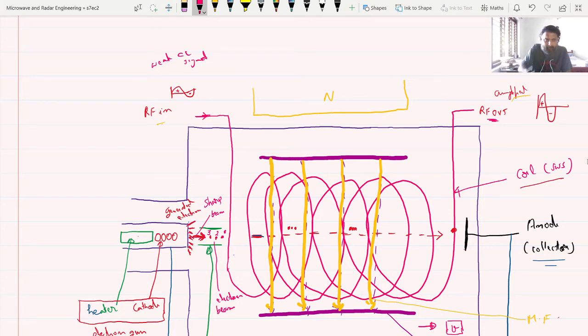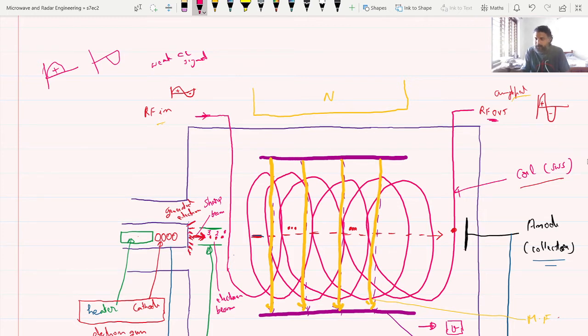It has 2 parts, one called the positive part and another called the negative part, which you already know. Positive part is called the positive half cycle and negative part is called the negative half cycle.